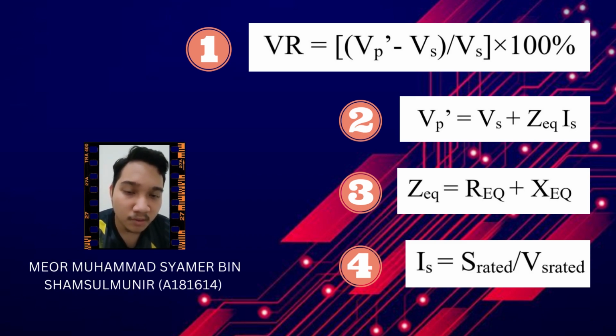To find the primary voltage from the secondary side, we can use the second equation, but we have to find the equivalent impedance and secondary current first. So we have to use equation 3 and equation 4 to find the equivalent impedance and secondary current.